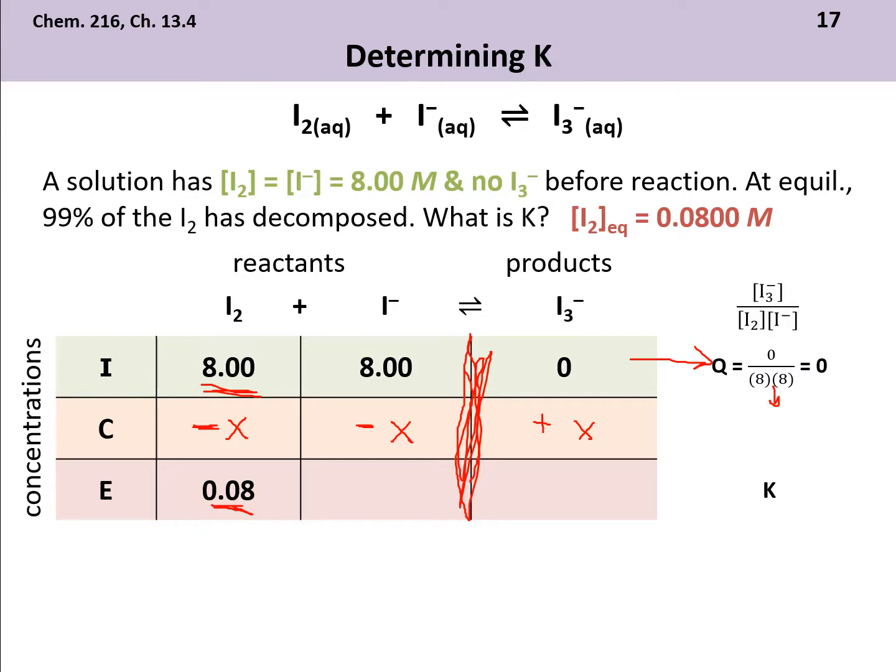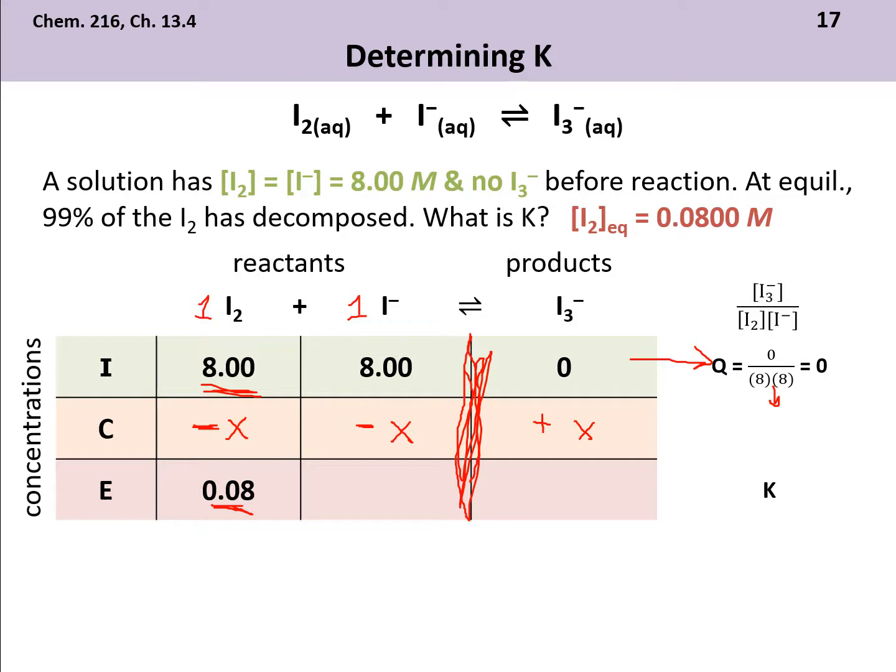And notice that these are all 1, 1, and 1. So all these are negative 1x, and positive 1x. If instead this had been 3 I3 minus, this would be plus 3x. All right, but that's not the case, so let's get rid of that.